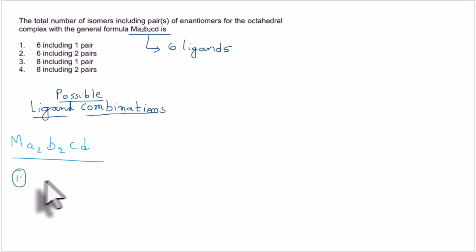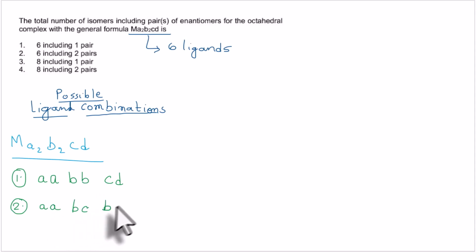If you go according to the alphabetical order, there will be AA, BB, CD. This is one possible combination. Then another possible combination with the AA pair: we can change the position of B and C so that we have AA, BC and BD.